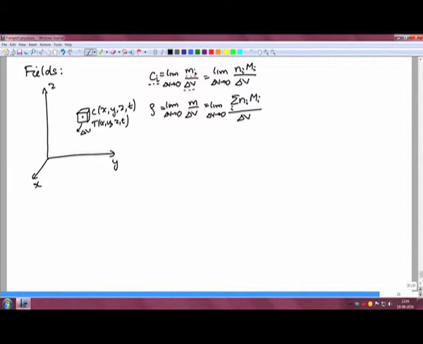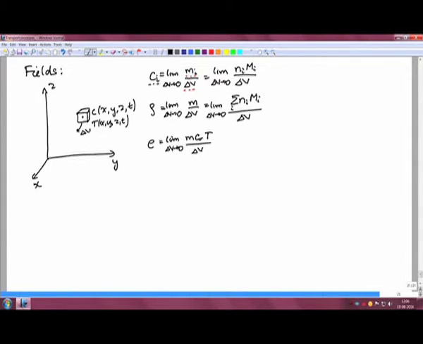The energy density at a location is going to be equal to the total energy due to all of the molecules, N C, divided by delta V, in the limit as delta V goes to 0.